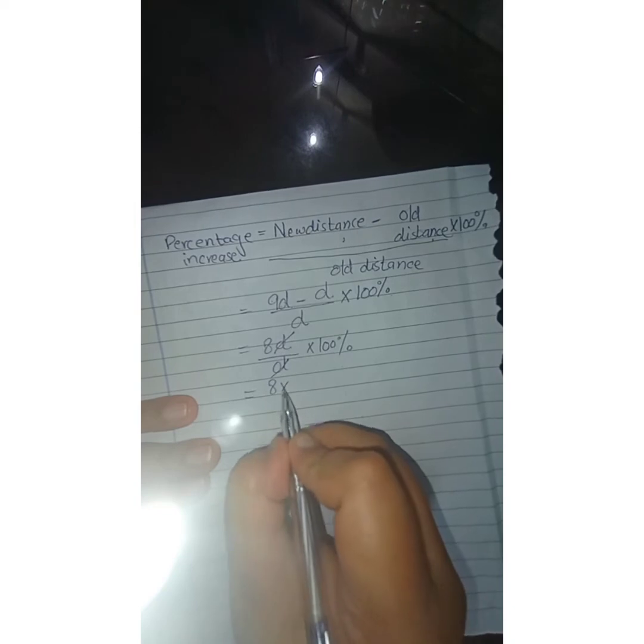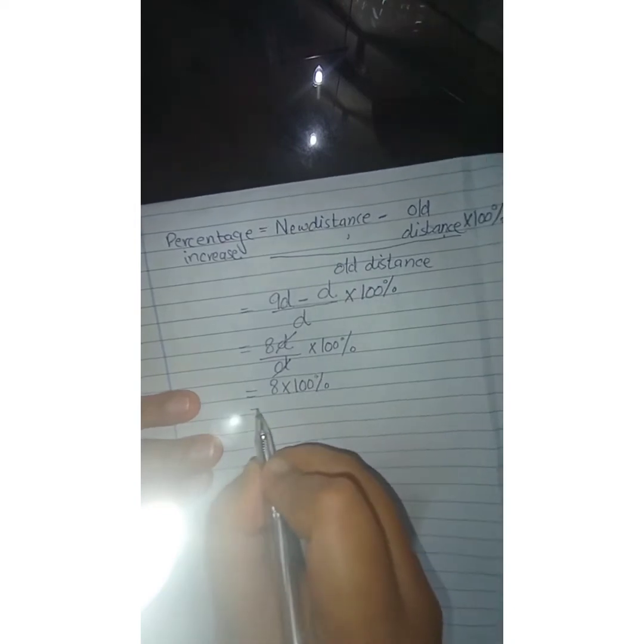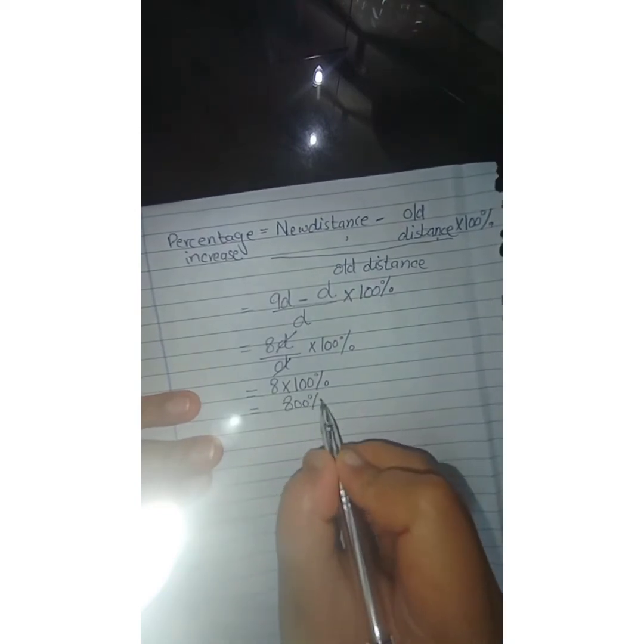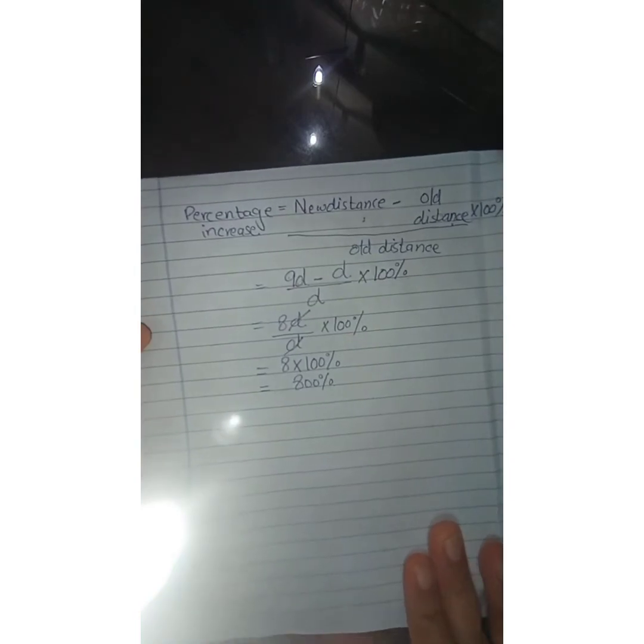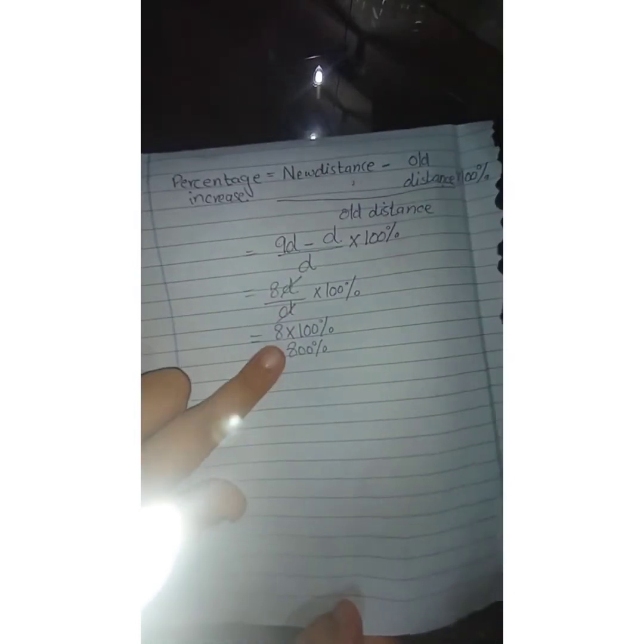Later on we will just cancel out and we will get 8 into 100%, and this is equal to 800%. So finally we get the percentage increase. We find that the percentage increase in the braking distance is 800%. This is what we have found.